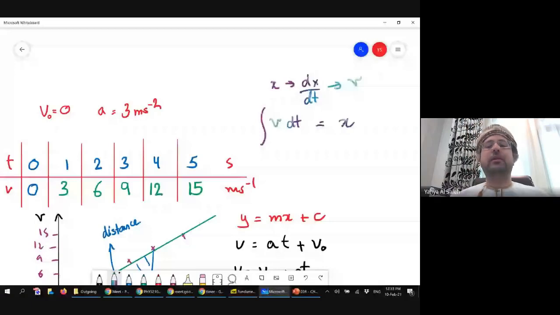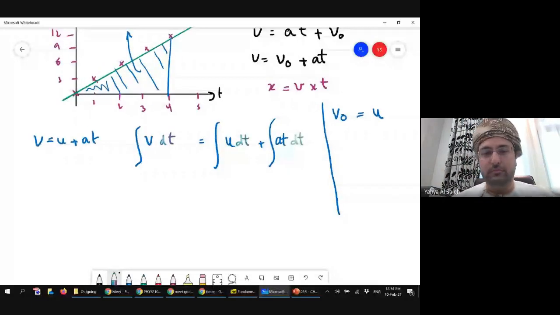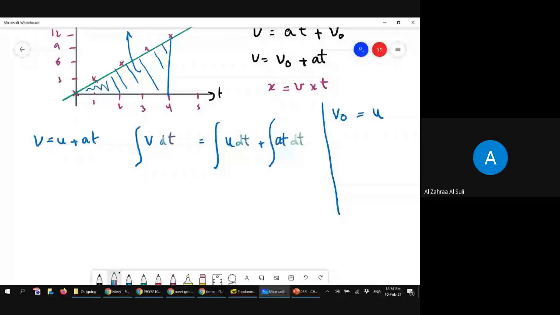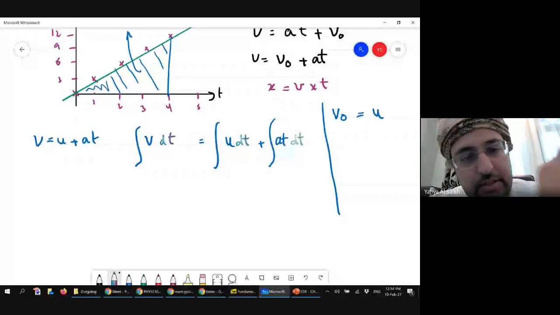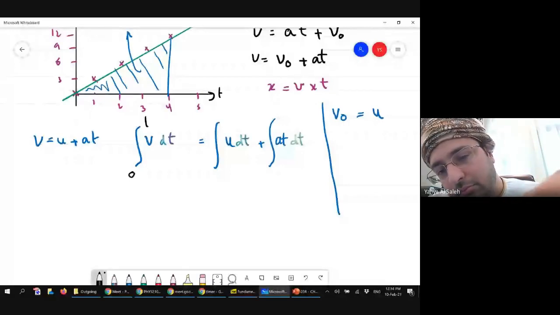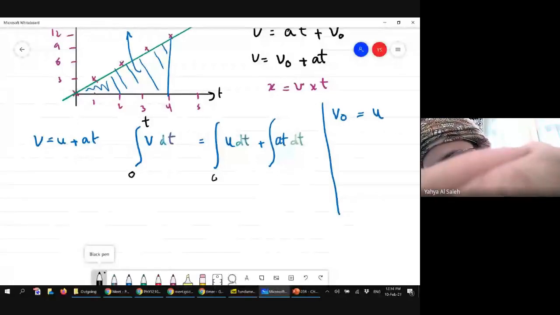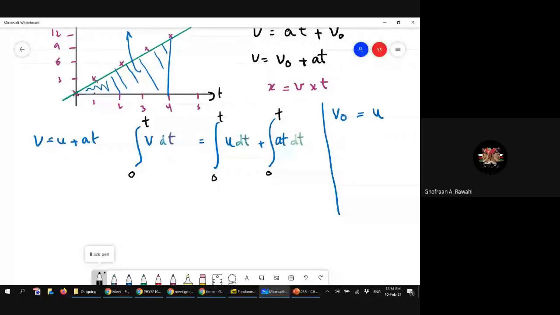What are our limits of integration going to be? 0 to t. From time 0 to time t, right? Yes.